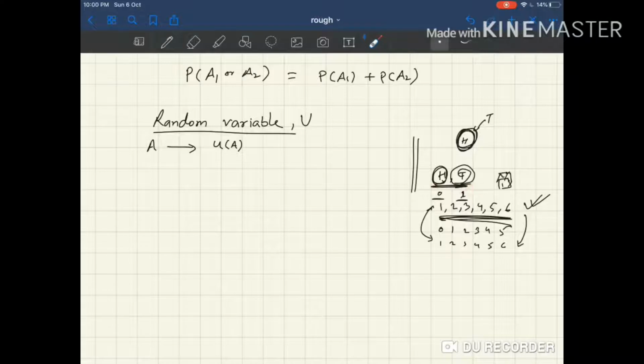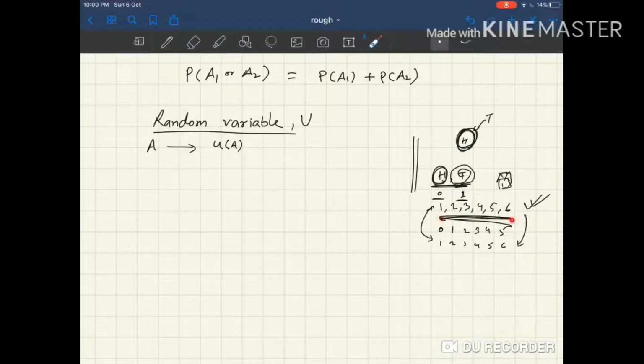Suppose in case of tossing a single coin, the U values are 0 and 1, and the A's are heads and tails. So U(A) would contain 0 with probability half. So the probability information is there along with U. The random variable U for this event would also contain the other element, 1, with probability half.